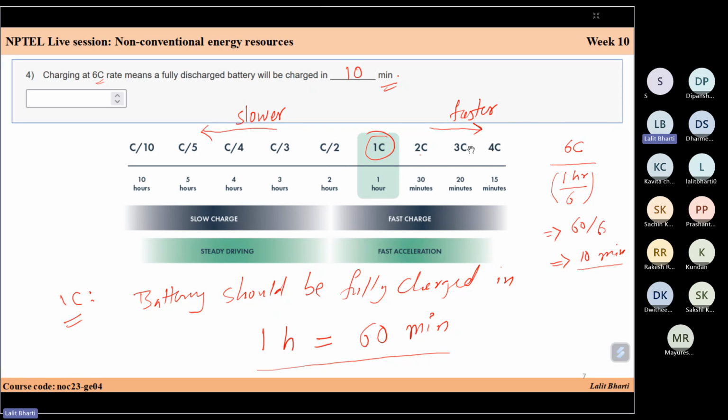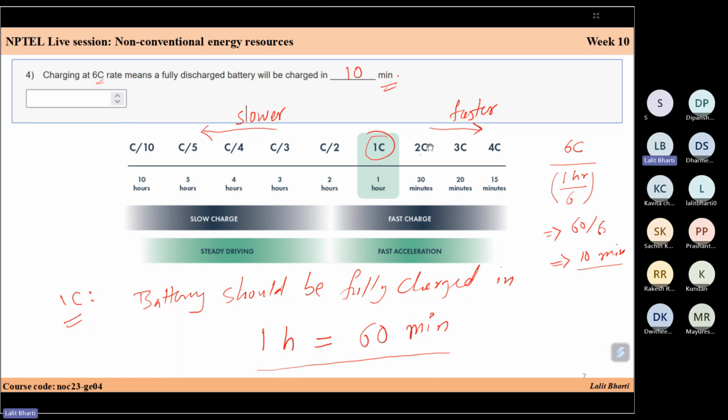In the opposite case, if you're charging your battery very fast, the ions will not get sufficient time, so they will get charged, but their efficiencies will decrease, and your lifetime will also decrease. In real life, if you use fast chargers in your mobile phones, your battery will be charged very fast, but its life will decrease, and its efficiency, meaning its capacity, also decreases with each cycle.